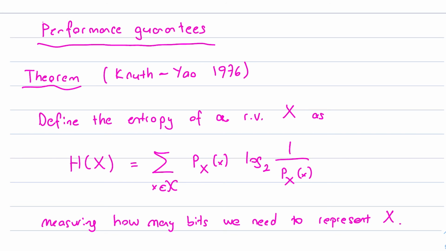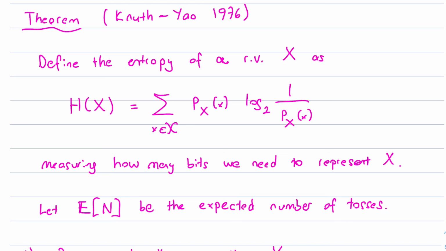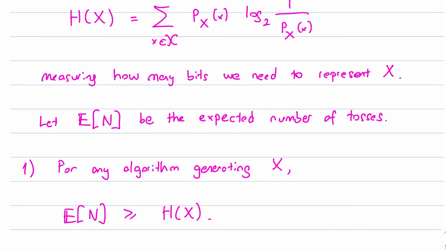The entropy of a random variable measures how many bits we need to represent the random variable X. In short, it is used in source coding most of the time, and this problem is also very close to source coding. Let E[N] be the expected number of tosses.